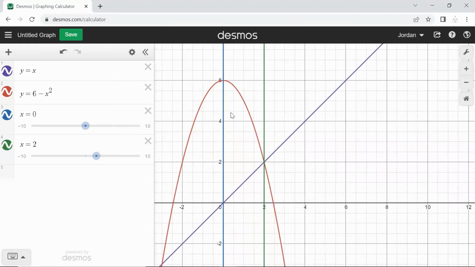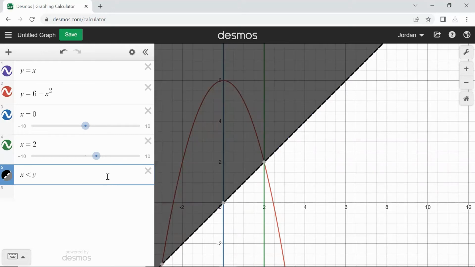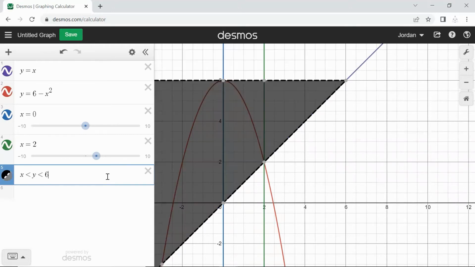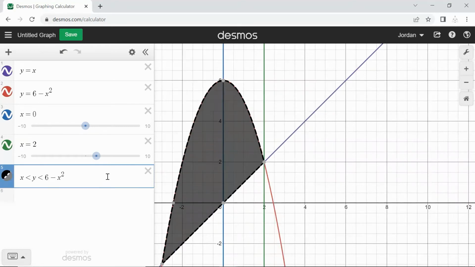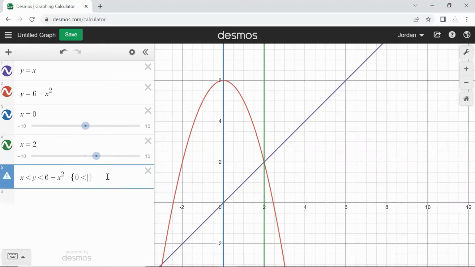So here's our region that we're looking for. And that's the same region we had when we were dealing with example 1. Let me shade that region now. x less than y less than 6 minus x squared, from x equals 0 to x equals 2.